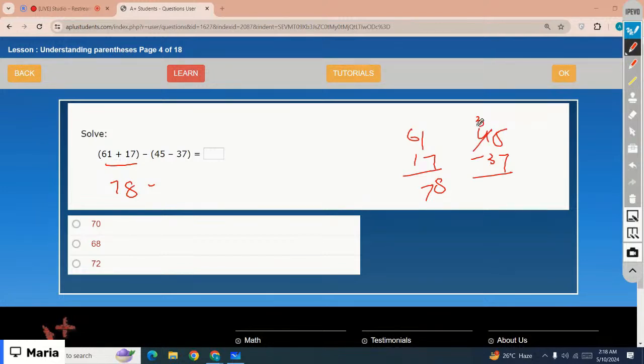You need to borrow 1. 3 here and 15. 15 take away 7 is 8. You have 0 here. So 78 minus 8 is 70.